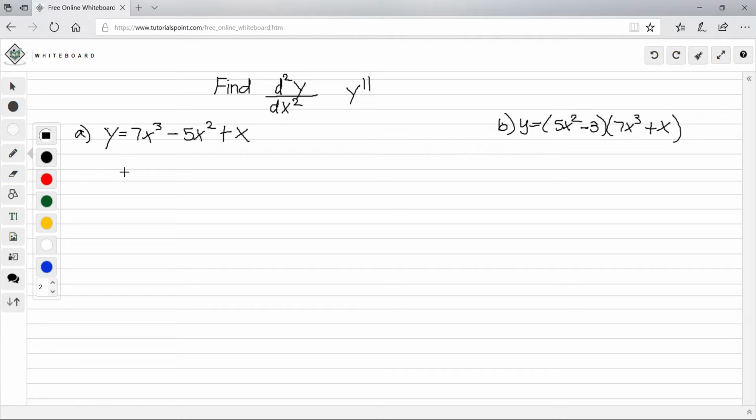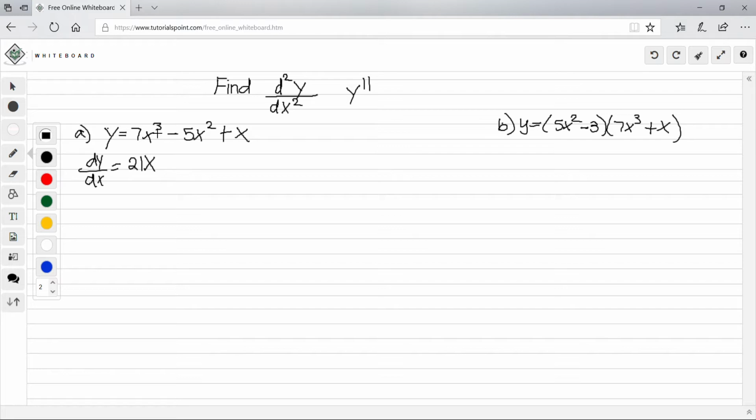So let's take the first derivative of this one, so dy dx. If you take the derivative of this, it's the power rule, right? So it's 7 times the power, which is 21, x, and then whatever the power is, you subtract 1.